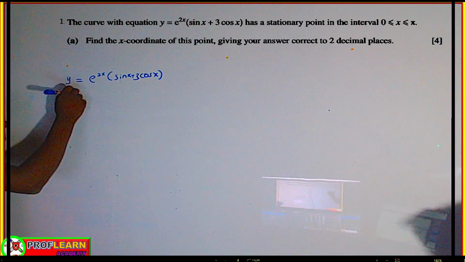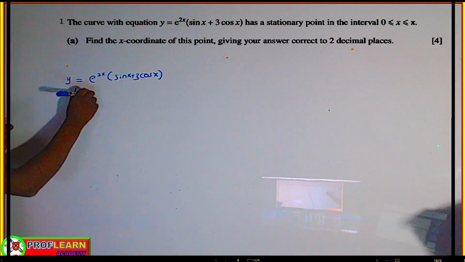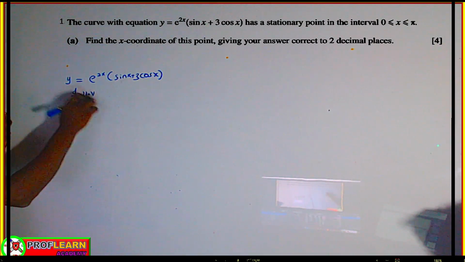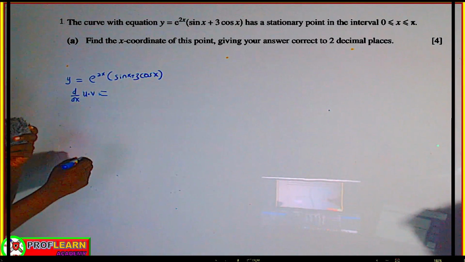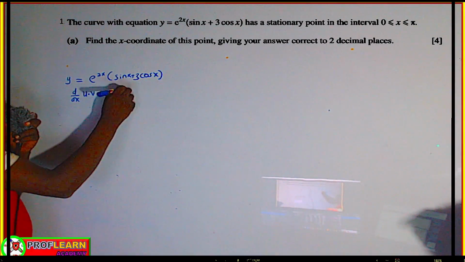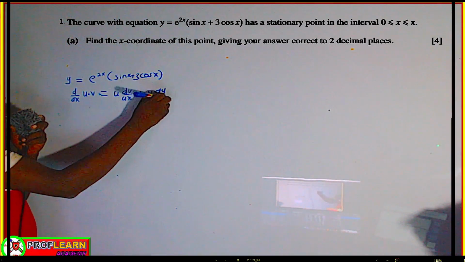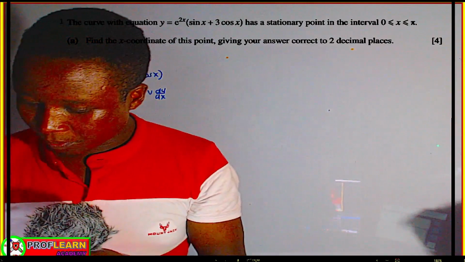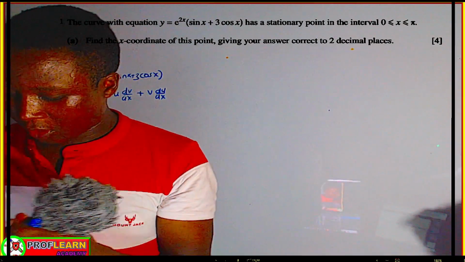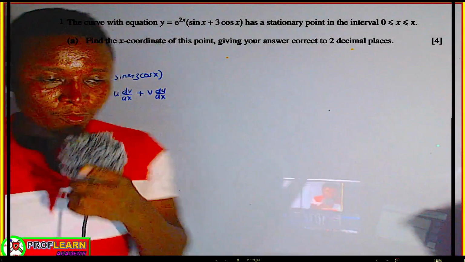Remember, if you have two functions multiplied, then to find d/dx of uv, where u and v are the two functions multiplied together, it will be u dv/dx plus v du/dx. So in working this out, I'm going to differentiate each of the functions separately.